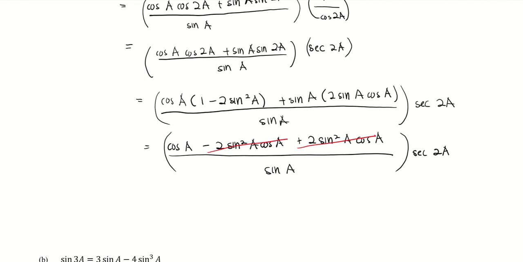Jadi apa yang tinggal kat sini adalah cos A over sin A. Cos A over sin A is just cotangent A, and here we have secant A. So this equals the right hand side. So proven.